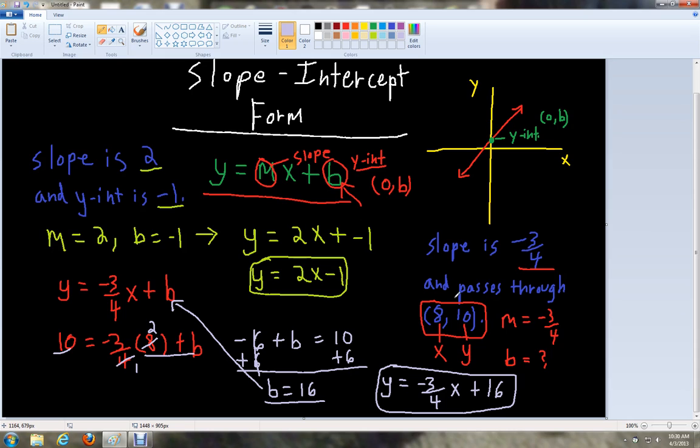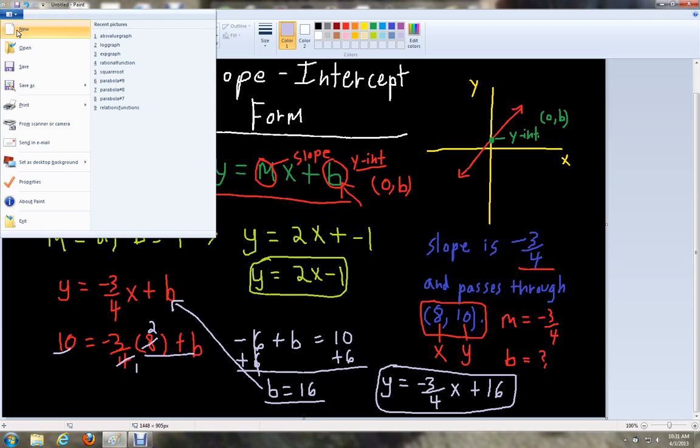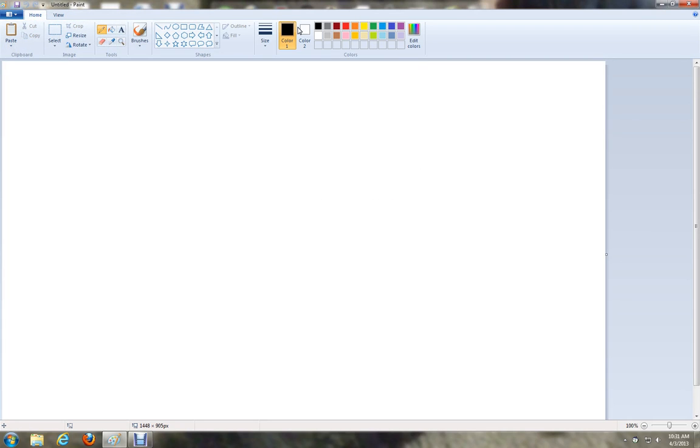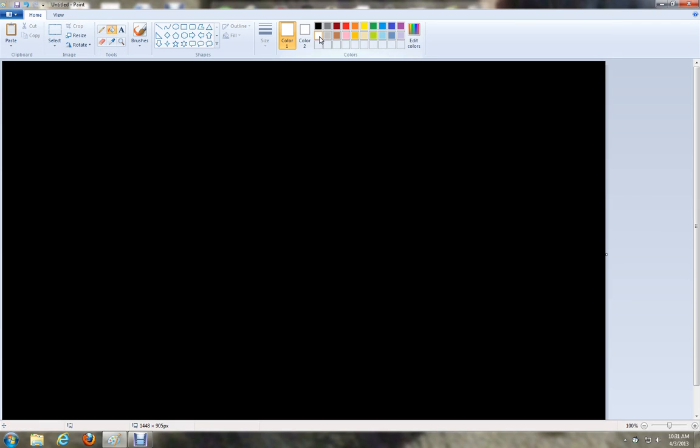Good. So let's look at one more thing. What we're going to do this time is graph a line on the coordinate system, just using the slope intercept form of a line.